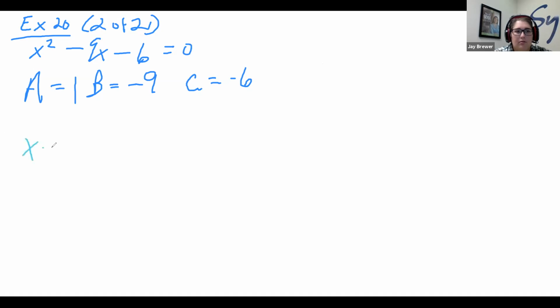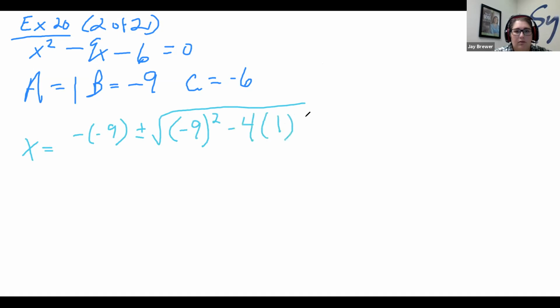So x equals -9 plus or minus the square root of -9 squared minus 4 times a times c, all over 2a.